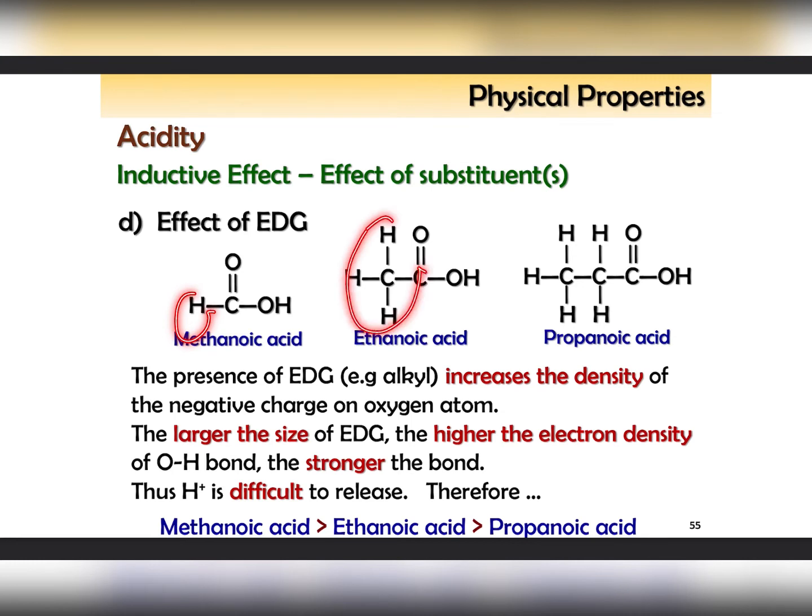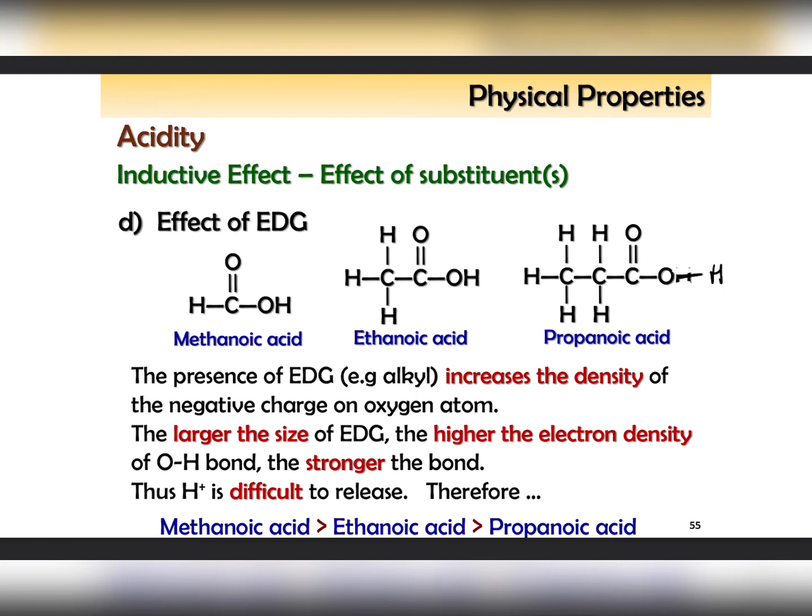H, CH3, CH2, CH3. So the larger the size of the electron donating group, the higher the electron density of OH bond. Maksudnya dia akan donate more electron density towards this OH bond.